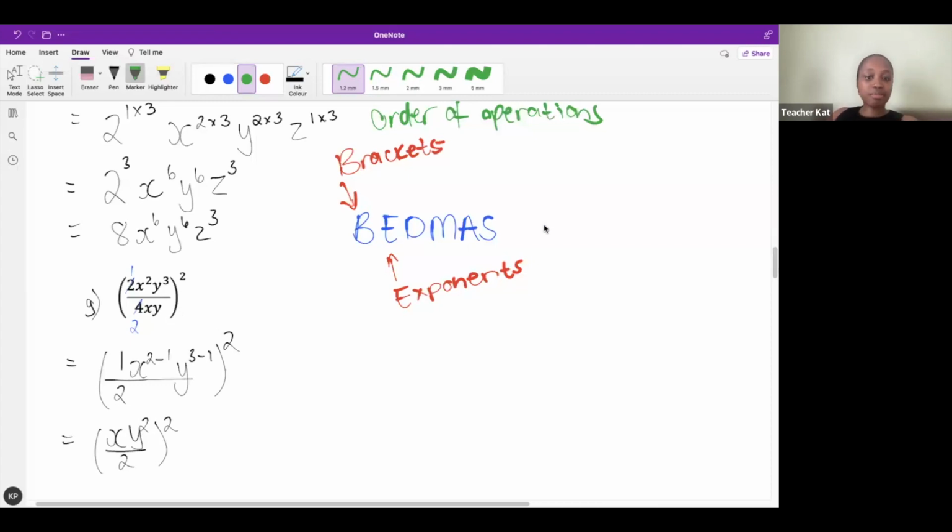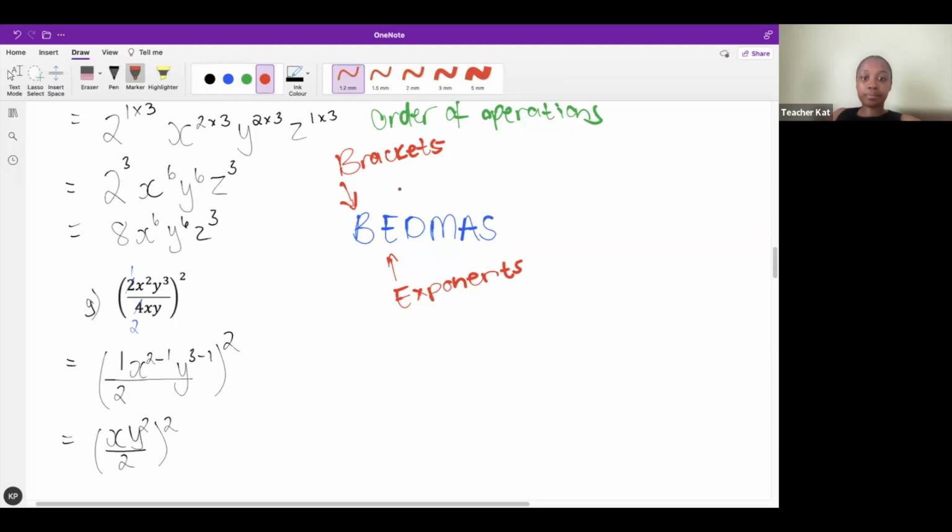So we went and simplified it first because we could divide 2 by 4, and we could do the first law of exponents inside the brackets. So you ignored everything else that is outside the brackets, you first work inside. And then the second order of operation is exponents. It's okay, Lucieva, welcome. That means wherever you see an exponent, simplify it. So in this case, it's my square that is outside, which we now know that we have to distribute.